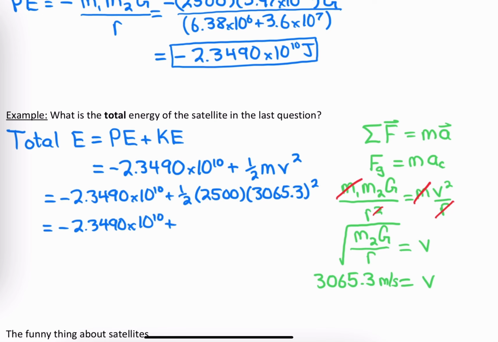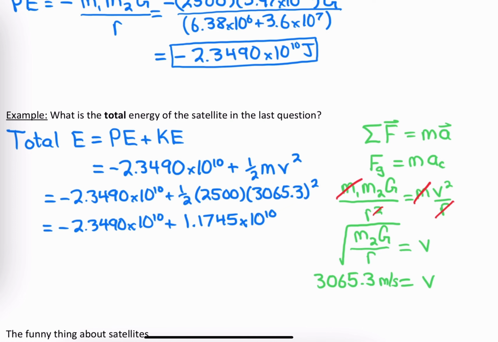Crunching those numbers in my calculator, I get that the kinetic energy is 1.1745 times 10 to the 10 joules.